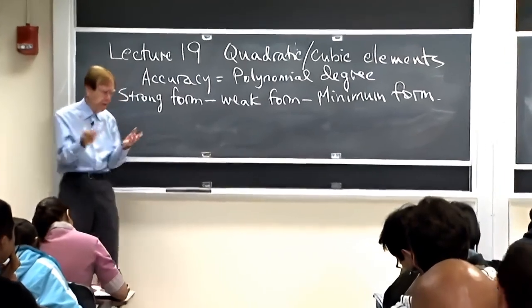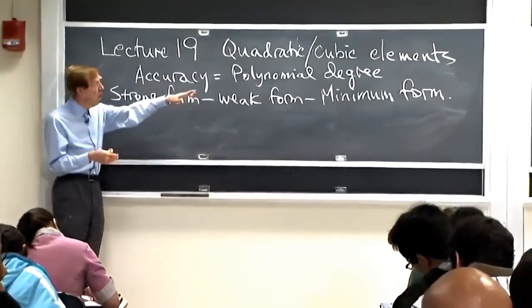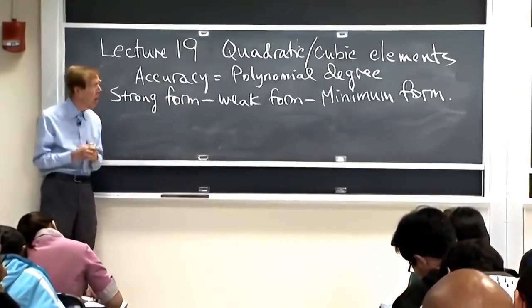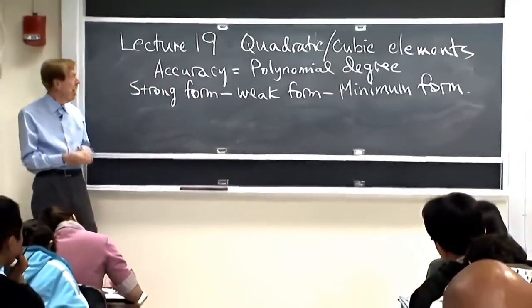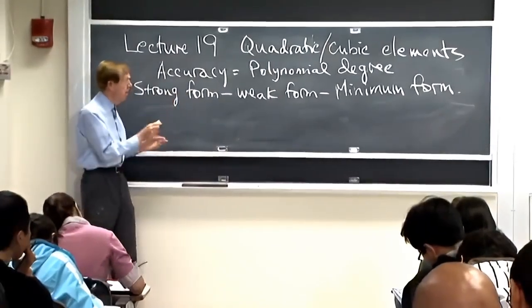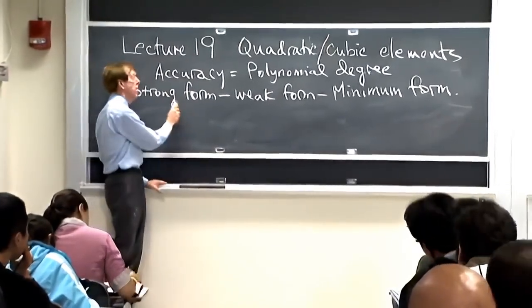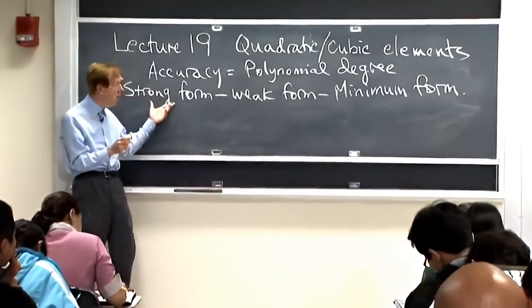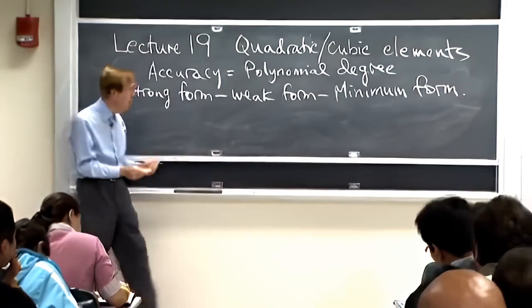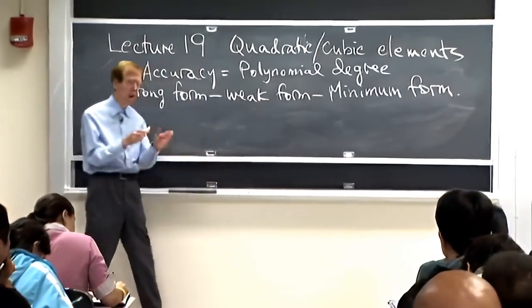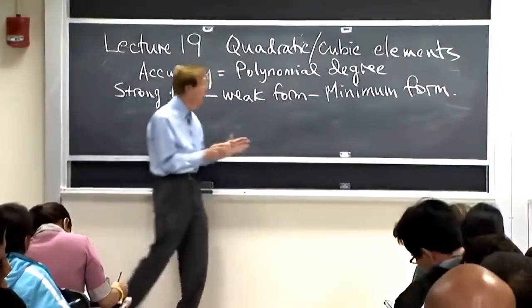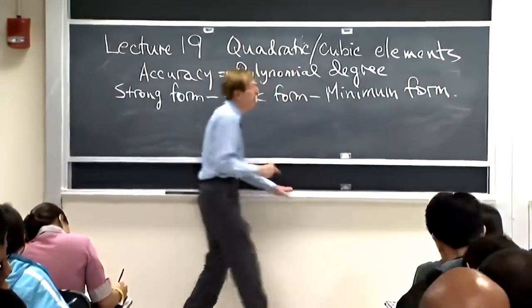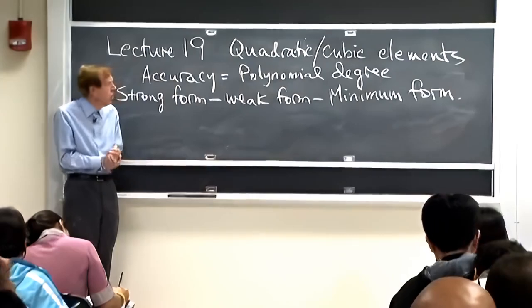So I want to connect the degree of the polynomials to the accuracy of the approximation. And part of that connection is to recognize that these problems have a strong form, as we know, the equation, a weak form, that's the one that has test functions, and also a minimum form that we'll see.